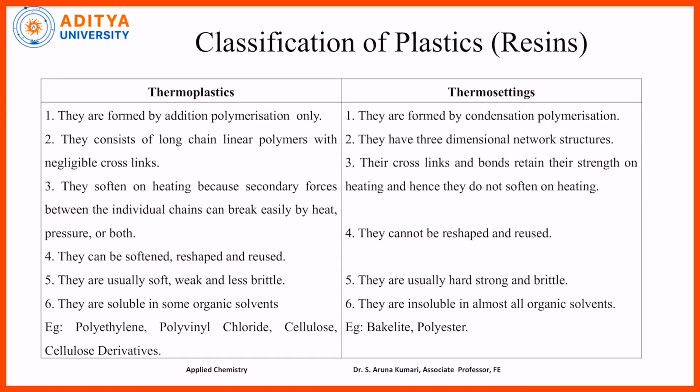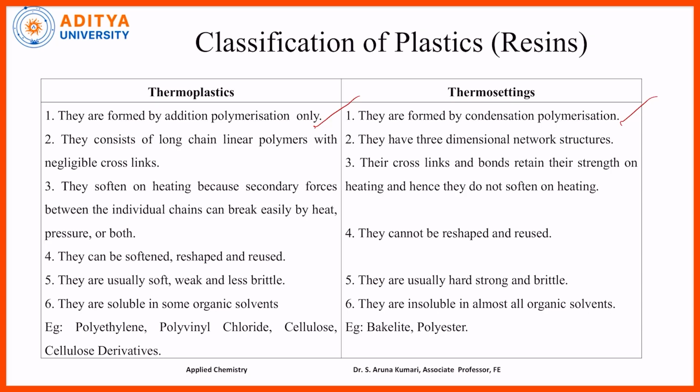Now, let us make a classification for plastics, which have been divided into two types, that is thermoplastics and thermosetting plastics. We see that thermoplastics are formed by addition polymerization only. This is the only polymerization technique by which thermoplastics are prepared, and thermosetting plastics are formed by condensation polymerization.